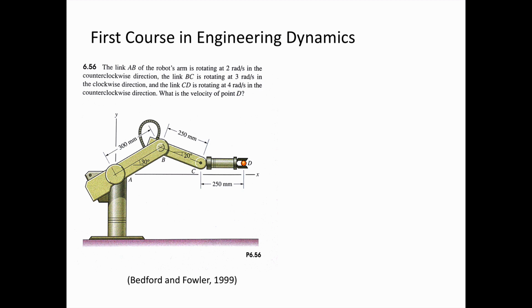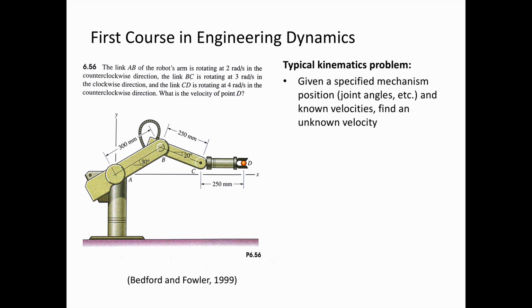But one of the challenging things to wrestle with here is coming up with a model that's capable of answering questions like this for any possible position the mechanism can be in. So with this typical kinematics problem, we're given a specified mechanism position, known velocities, and we're supposed to solve for some unknown velocity.